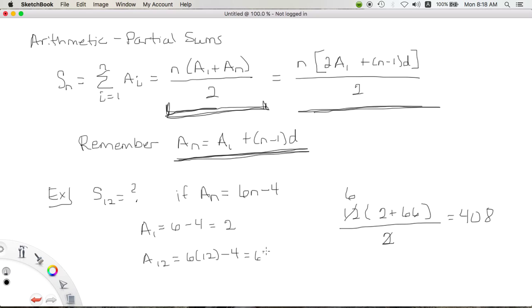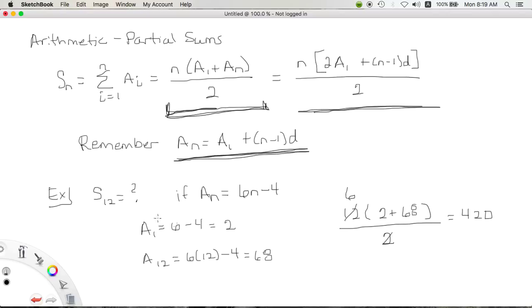I wondered where I went wrong here. 68. All right, so then we multiply those together and we get 420. Sorry. All right, hopefully you caught that before I did.